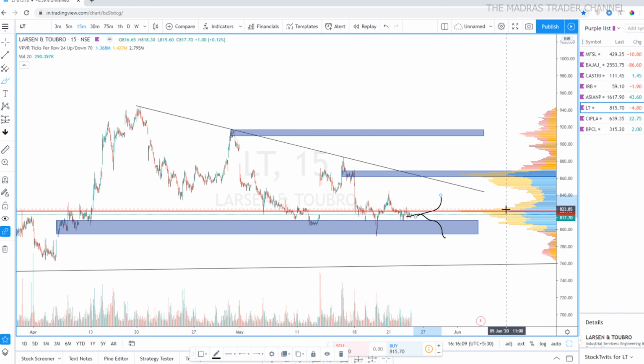Either thing can happen, but we are going to wait and see what's going to happen. When there is a breakdown like this, you can definitely go and short with a target up to 772. And if it moves above, it can touch this area as well, which is 862.